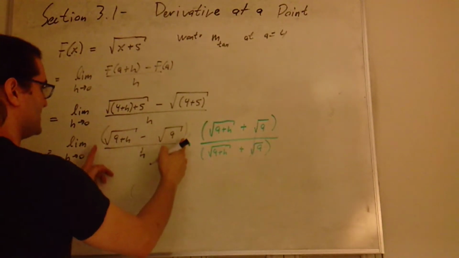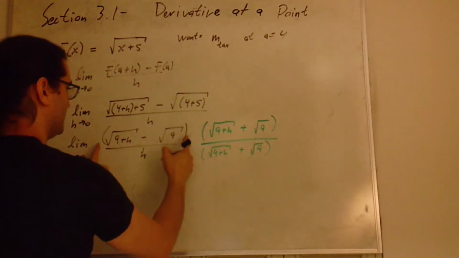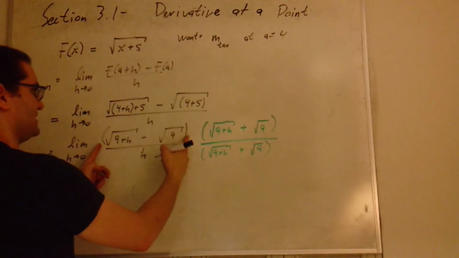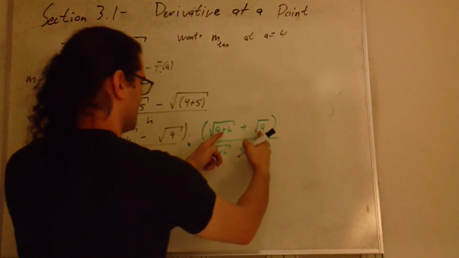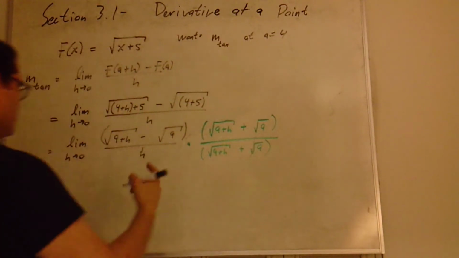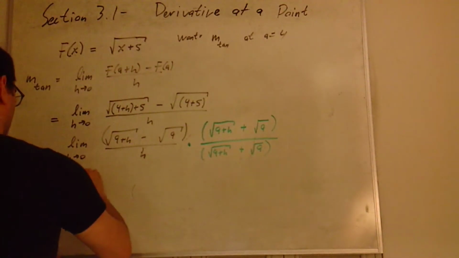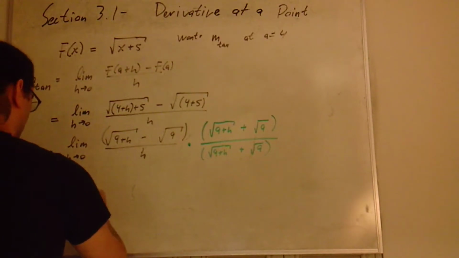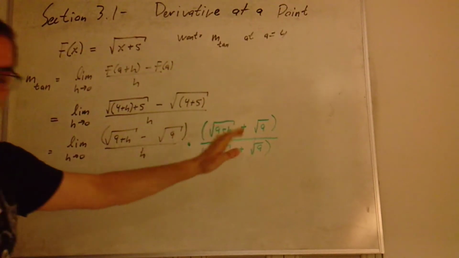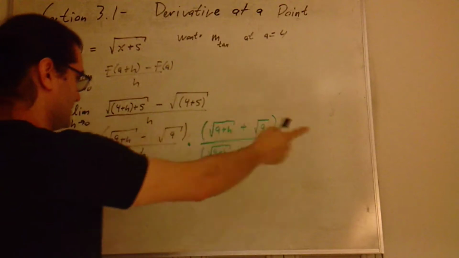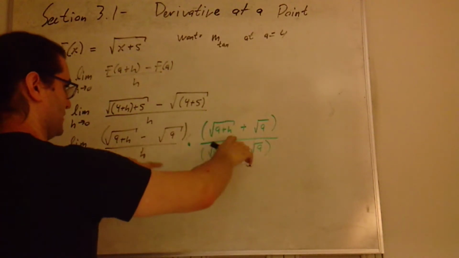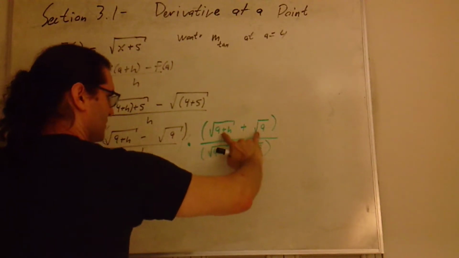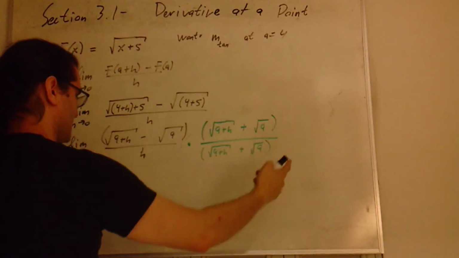When you multiply this on the top, you should end up with a difference of squares. This is a minus b times a plus b. And if you don't believe me that you should get this, you can FOIL this out if you want to. But because this is a difference of squares, we very deliberately made it be a difference of squares by using conjugates.